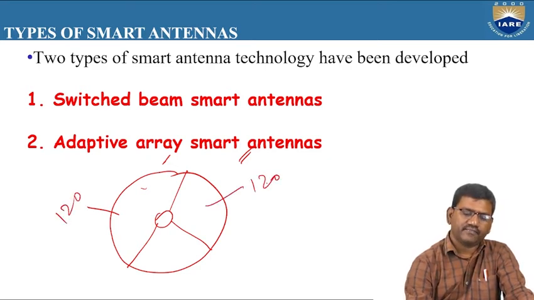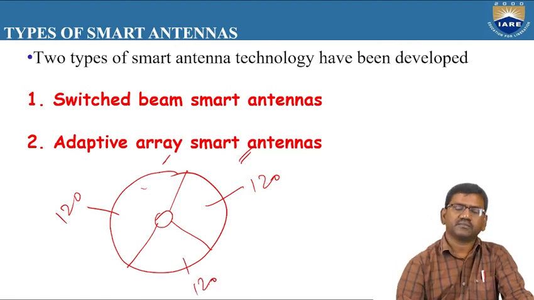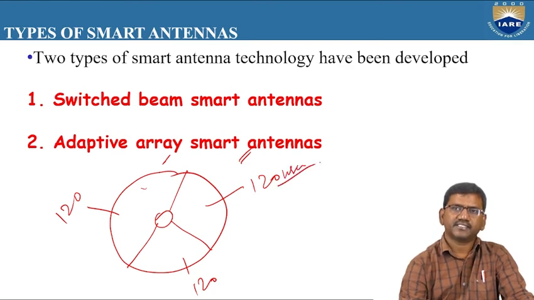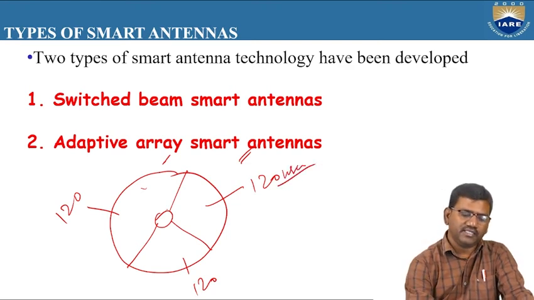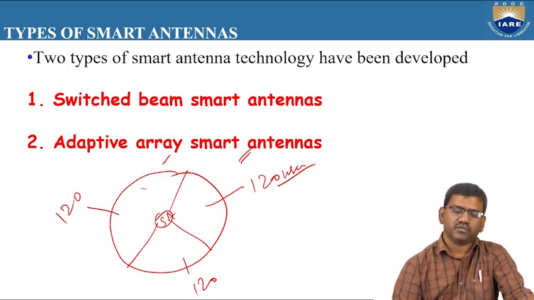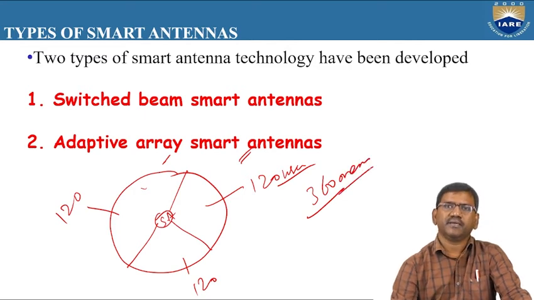This sector can provide service to 120 users, and this sector can provide service to 120 users only, let us say, for example. So totally this smart antenna switched beam system can give service only to 360 members.